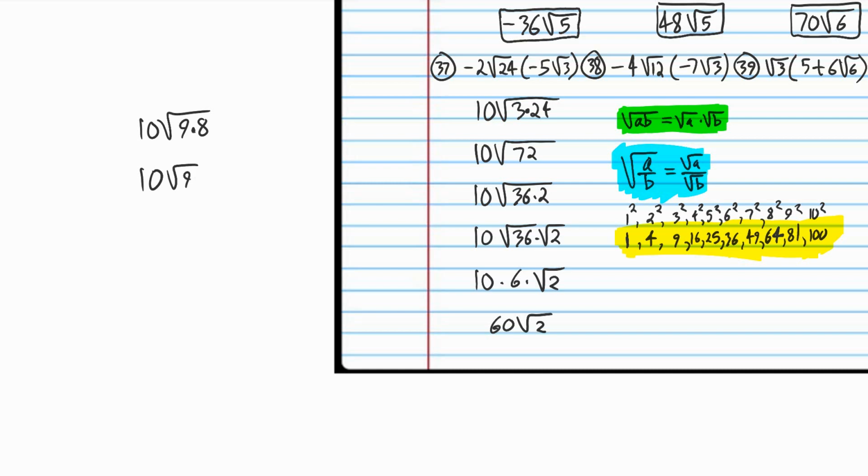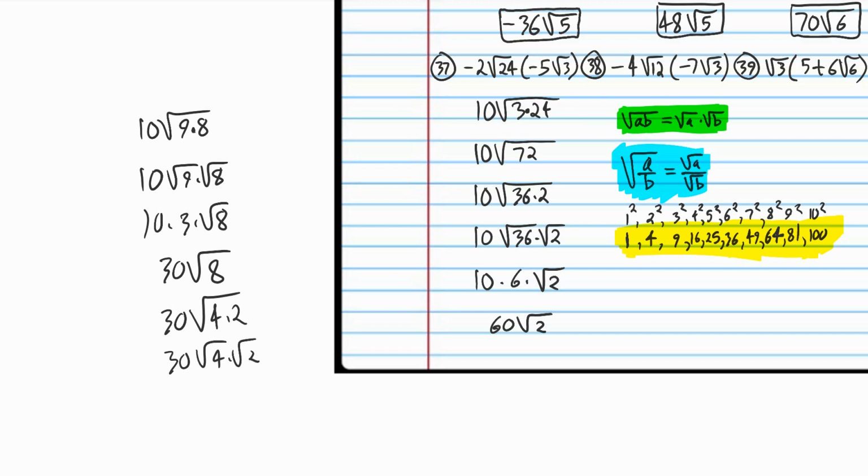So we're going to break it to 9 times root 8, and then we get 10 times 3, which becomes 30, but now we still have a perfect square inside the 8, and that's the problem. So we have to keep going. We have to do it again. So now we're going to factor 8 to 4 times 2, which becomes root 4 times root 2. Root 4 is 2, and we get 60 root 2.